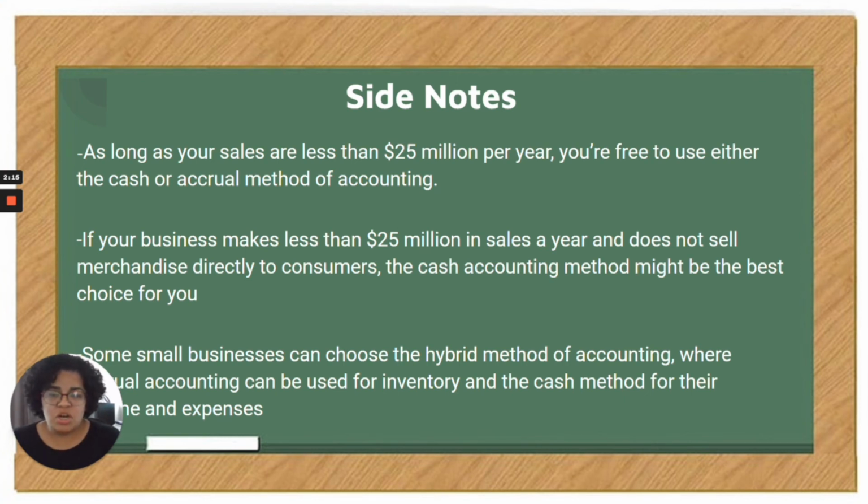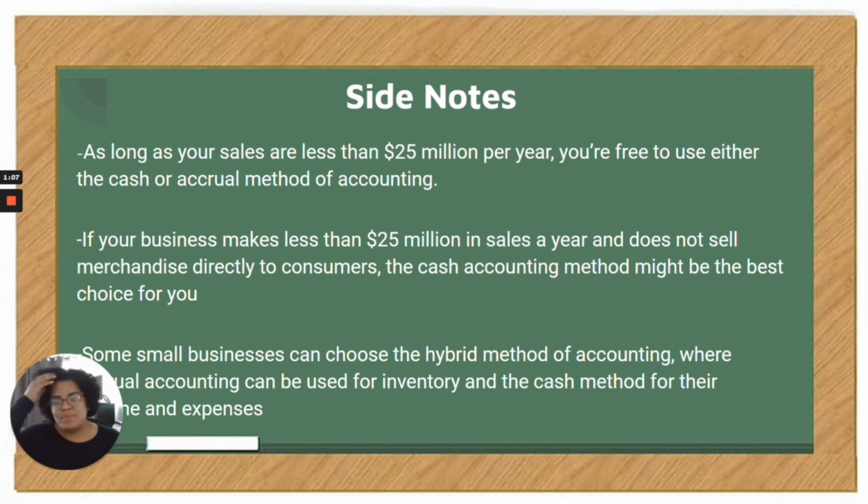Again, all these are just for information purposes. This would be something that you would need to review with your CPA, your person that will be preparing your taxes, so that you have a better idea of what works best for your company. Also, remember that if you are making more than 25 million in sales, then definitely you are to be using the accrual basis. There's no option in that aspect.